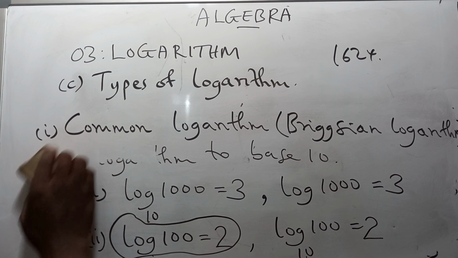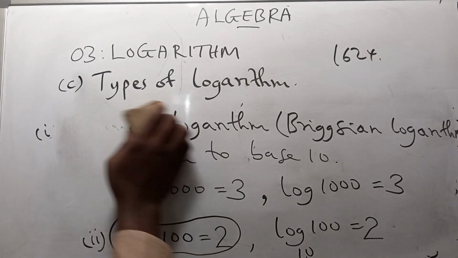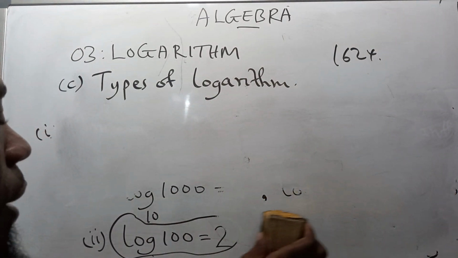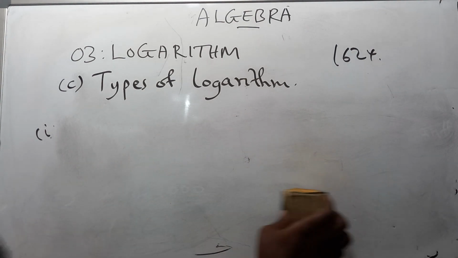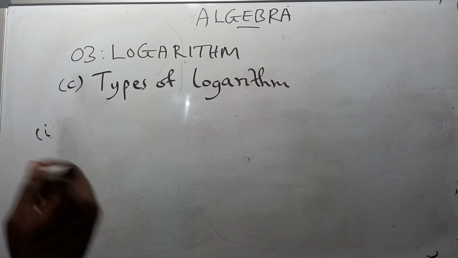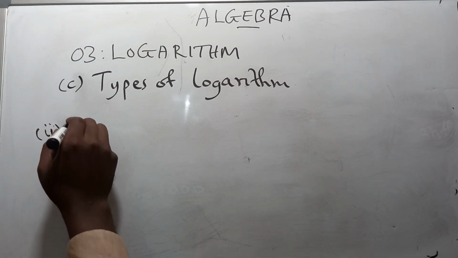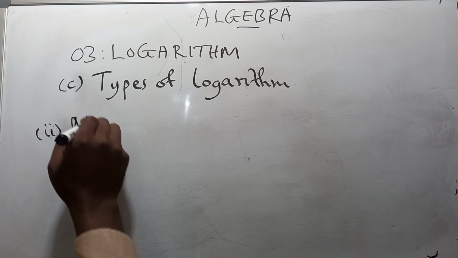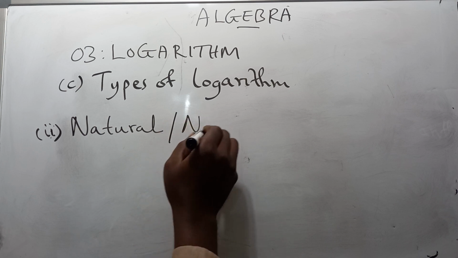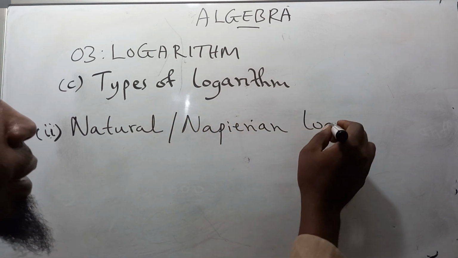Okay, let's see the second most useful type of logarithm, which is the natural logarithm, also known as the Naperian logarithm. It was named after John Napier. The second type of logarithm is the natural or Naperian logarithm.